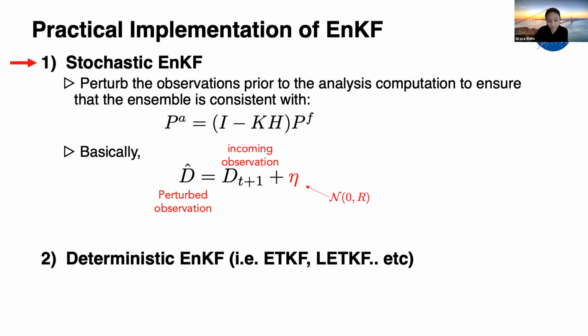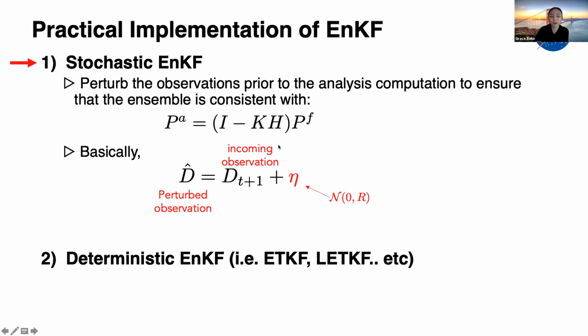So there are again several ways to implement the ensemble Kalman filter, but you have this stochastic EnKF approach and you have this deterministic EnKF. For this talk, I will just discuss the stochastic version, or we use the stochastic version. But in theory, what they really just do is to ensure that the ensemble that you produce is consistent with this equation here.